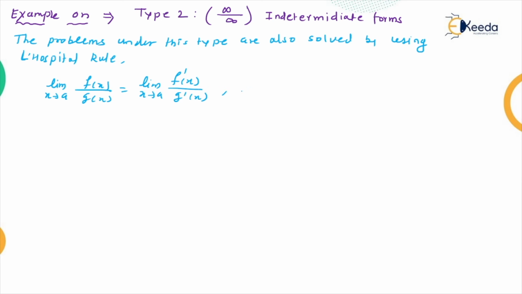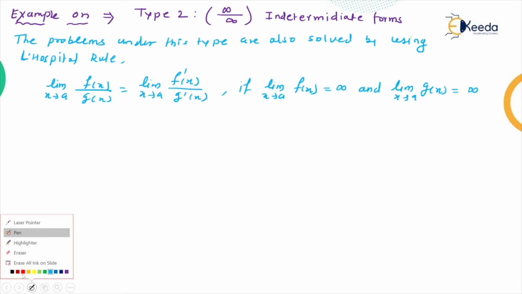We use it if the limit as x tends to a of the numerator f of x is infinity, and the limit as x tends to a of the denominator g of x is also infinity, that is, your example takes infinity by infinity form. Then it is eligible for using L'Hospital rule. It is the same as the 0 by 0 form, guys.